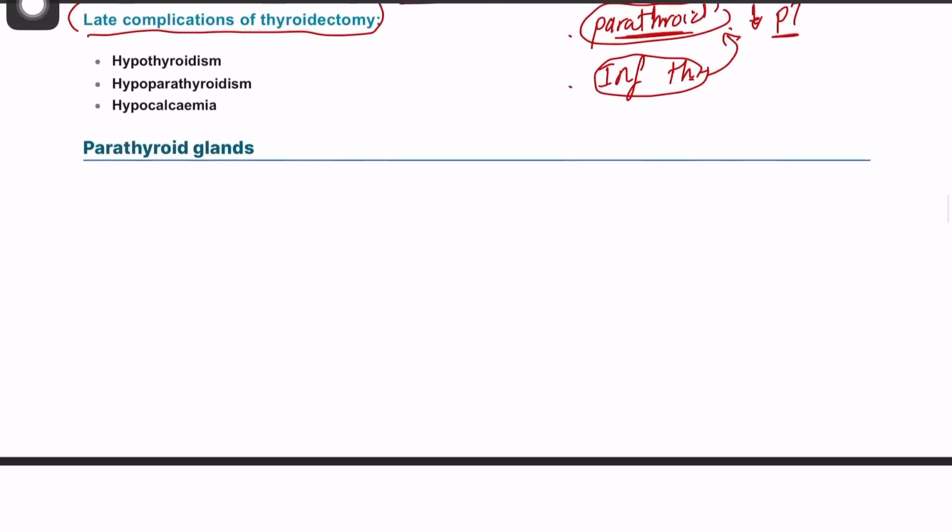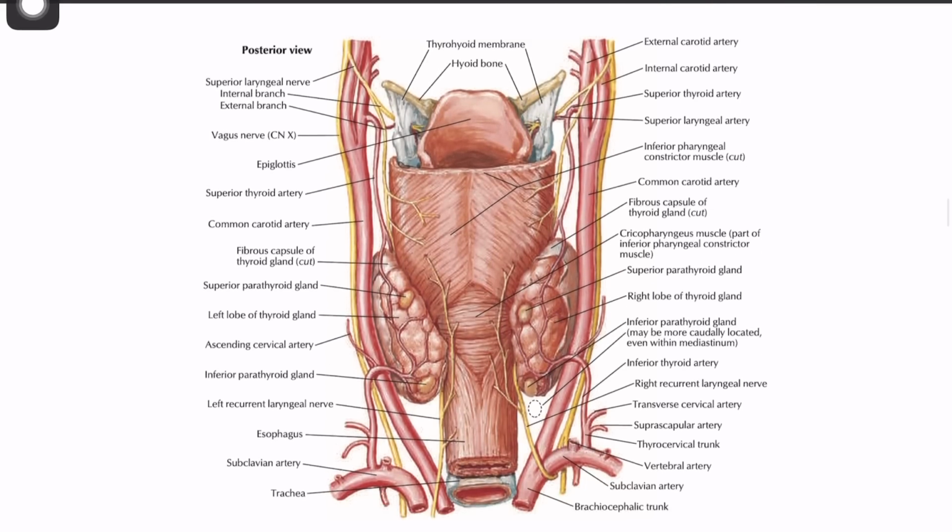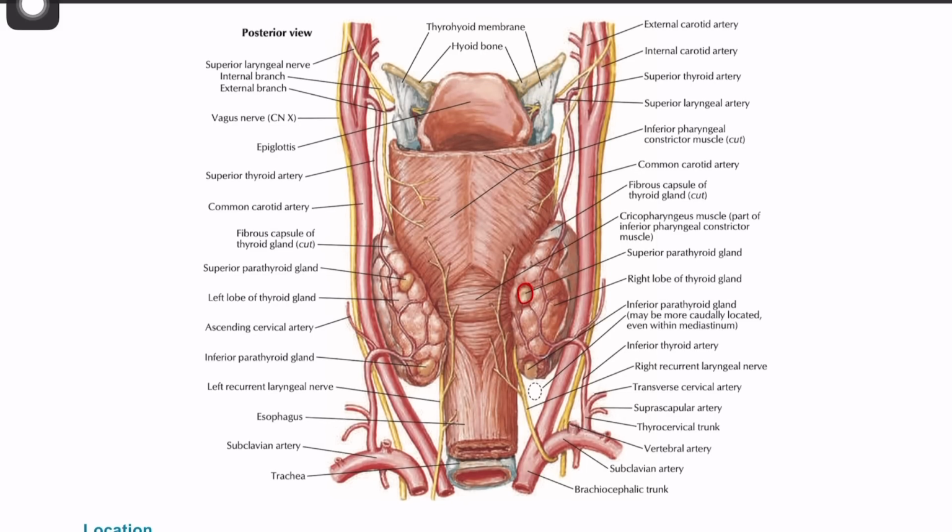Okay. Parathyroid glands. So these are 4 glands, 2 on each side on the posterior surface of the thyroid gland. So there is one parathyroid in there, another one in there, another one in there, another one there. Okay. So the blood supply for the parathyroid glands, as you see clearly from here, this is the subclavian artery. It gives the thyrocervical trunk right there.